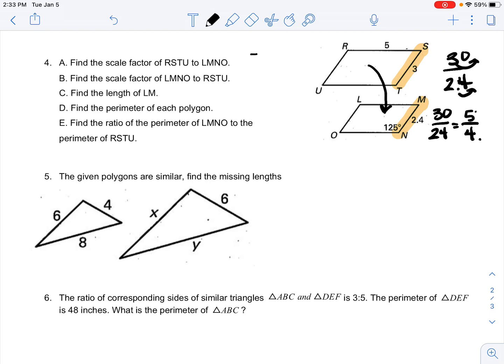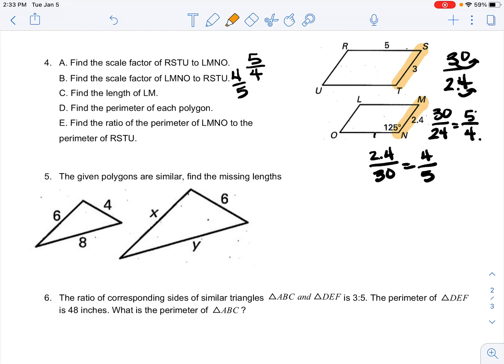So what is the scale factor? It is 5/4. Now the scale factor going from LMNO to RSTU, well, we would put the 2.4 on the top and the RSTU on the bottom. And so our rate is going to be 4/5.